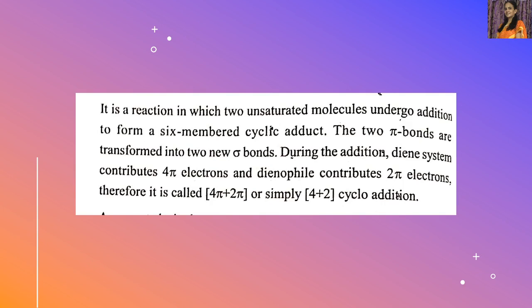And the diene system contributes 4 pi electrons and the dienophile contributes 2 pi electrons. Therefore, it is also called 4 pi plus 2 pi, or simply 4 plus 2 cycloaddition reaction.